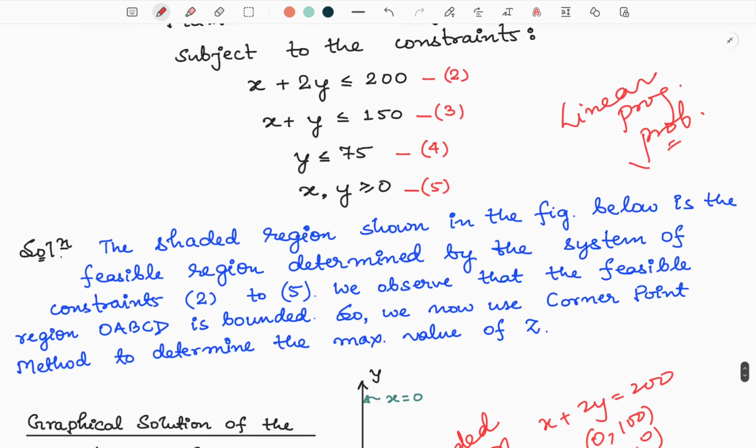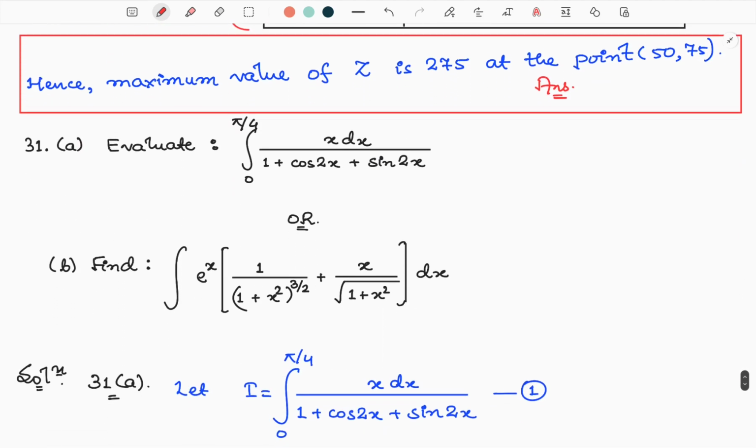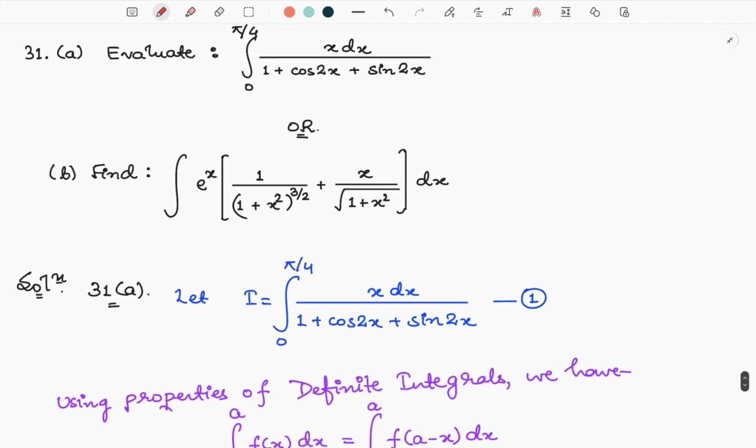Now move to question number 31, and 31 is the last part of section C. And again, this question is asked from the chapter of integration. So overall, I can say, if you had prepared integral calculus or differential equations very well, section C should be very easy to score.